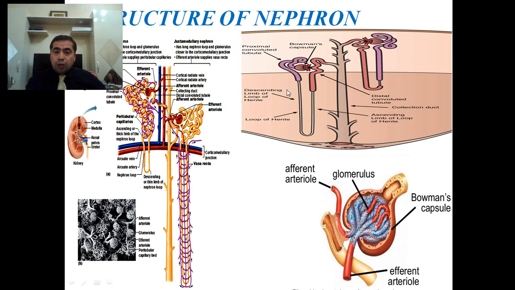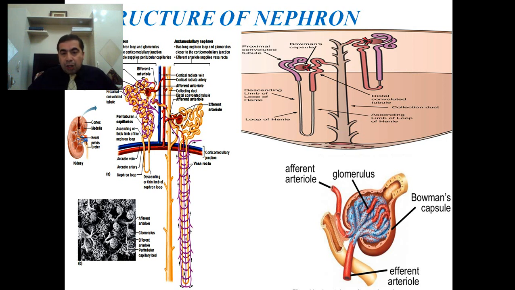The proximal convoluted tubule, PCT, loop of Henle, distal convoluted tubule, DCT, with the connecting tubules form the nephron. Collecting tubules form the larger collecting ducts, and these form the papillary duct.